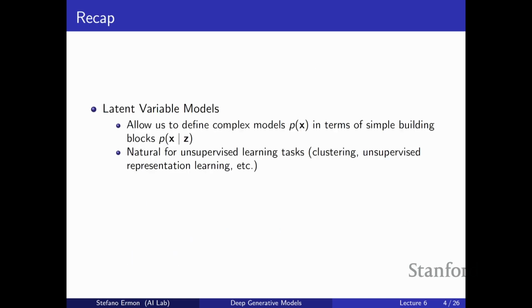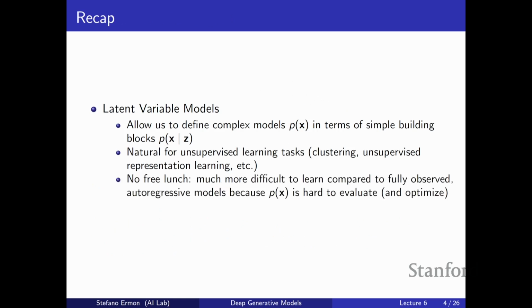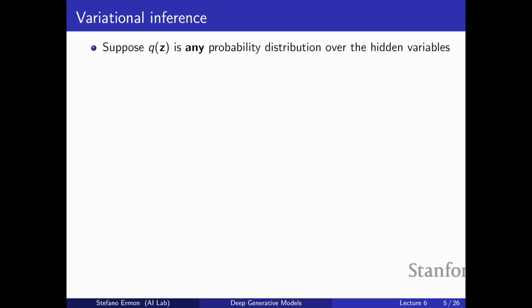Cool. So that's the no free lunch part. We started looking into ways to train these kinds of models, and as we'll see, the way to train latent variable models relies on a technique called variational inference, where we have an auxiliary model that we use to try to infer the latent variables.